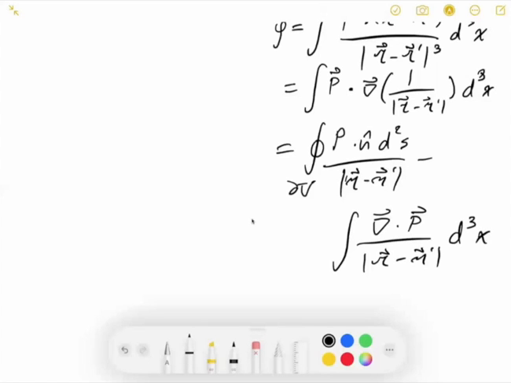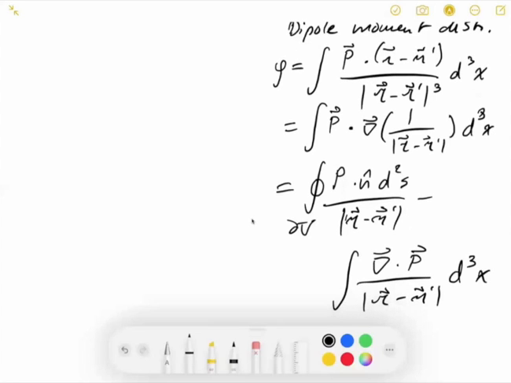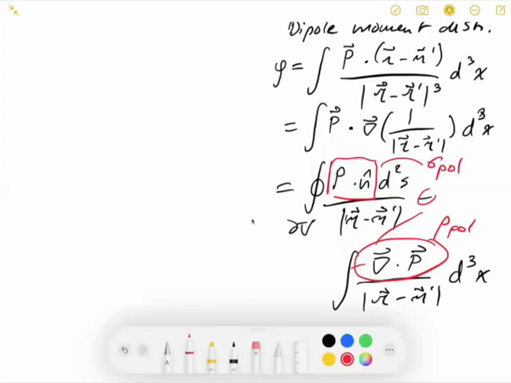But the point is that that's how we went, and then we said, okay, this looks like sigma polarization, and this looks like, together with the minus, rho polarization. So now for magnetism, we're going to do something similar.